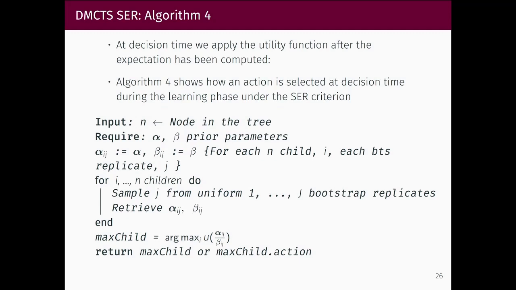And then at decision time, this is where we apply the utility function. We apply the utility function to the observation, alpha ij divided by beta ij, and that then satisfies the SER criterion as we saw earlier. That's the utility function applied to an expectation.